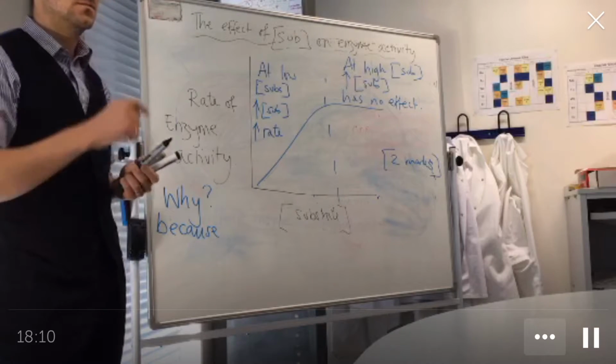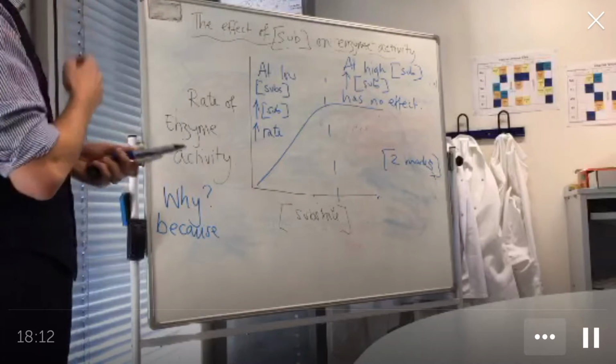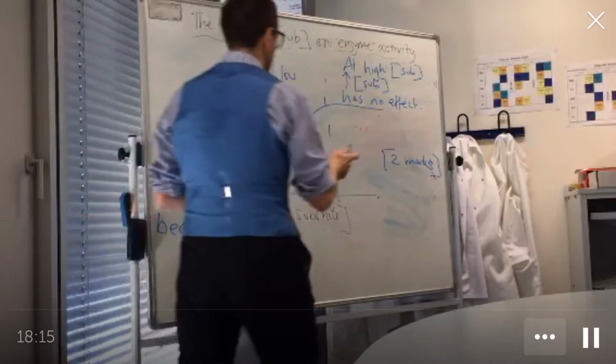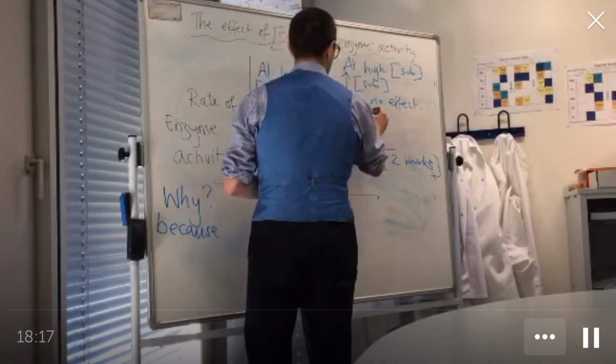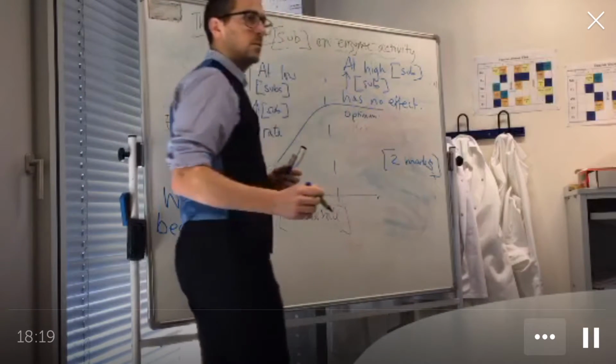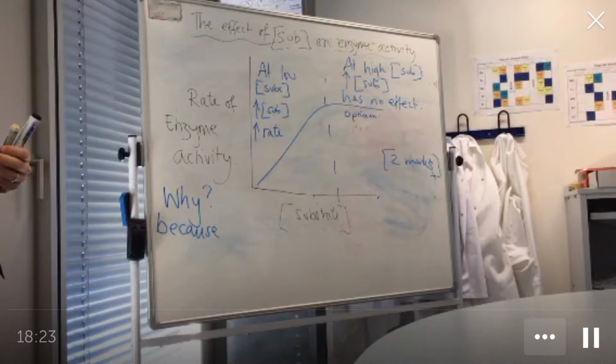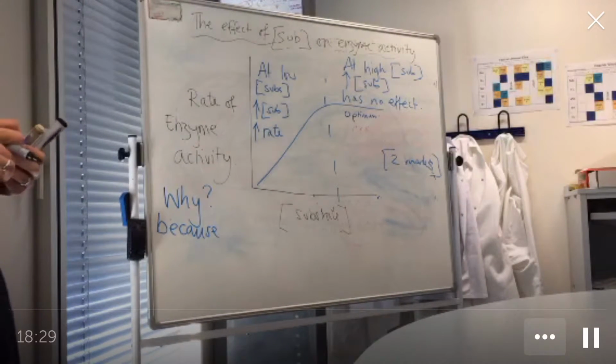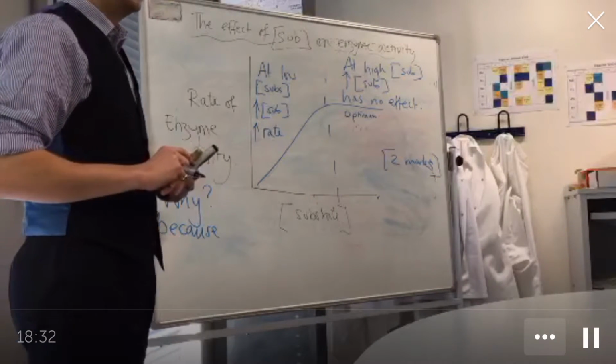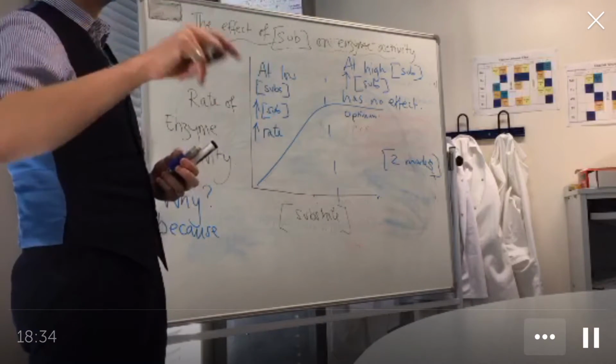Before the optimum substrate concentration, by increasing the substrate concentration, you're increasing the chances of collisions between the enzyme and the substrate. Yeah, perfect. But when you get to the optimum, it's too many. Something becomes limiting: the amount of enzymes, the number of active sites.